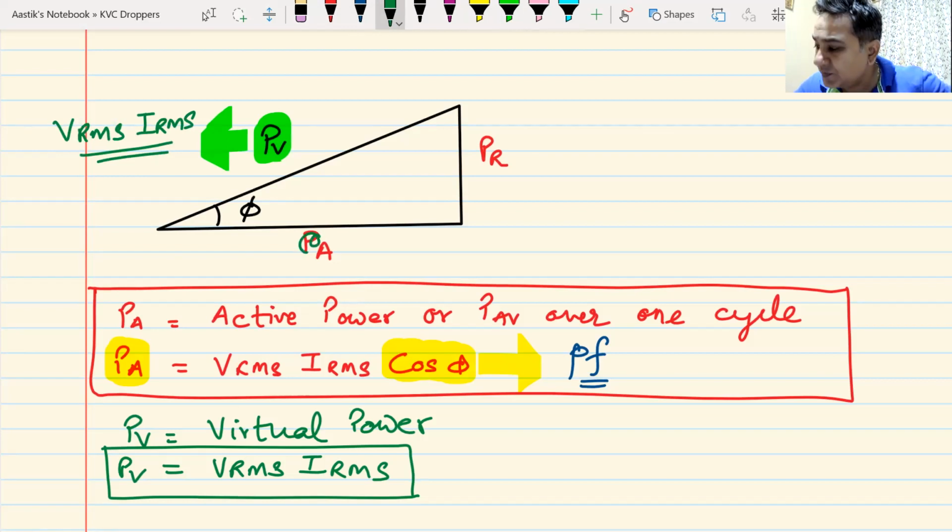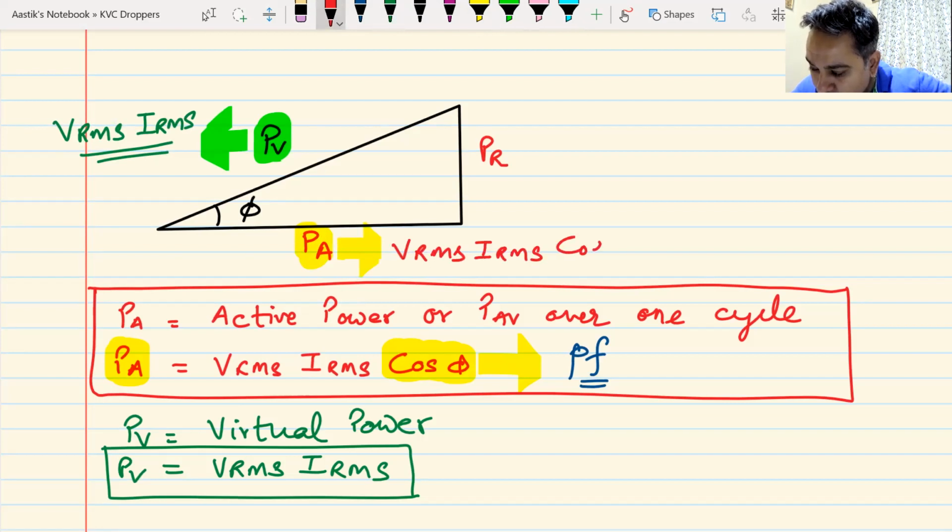I hope all of you are writing this: VRMS, IRMS, cos phi. No one is going to ask you the third thing, but it is very easy to understand what it would be.